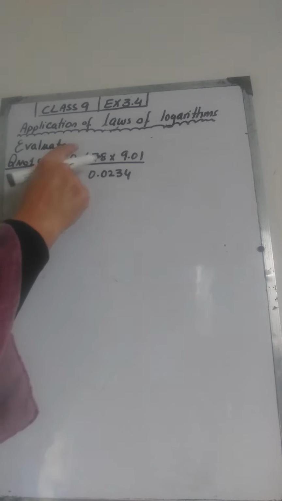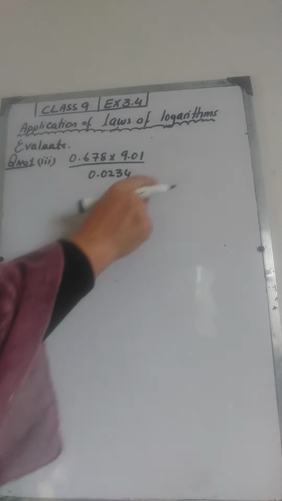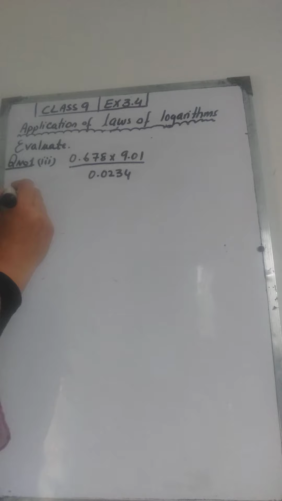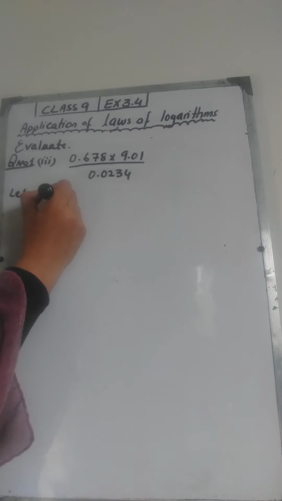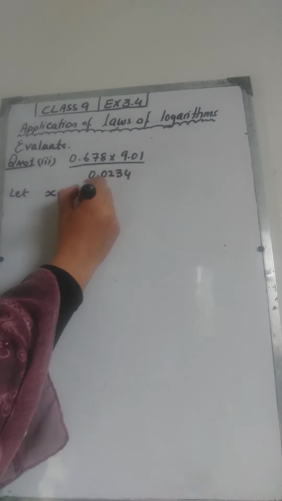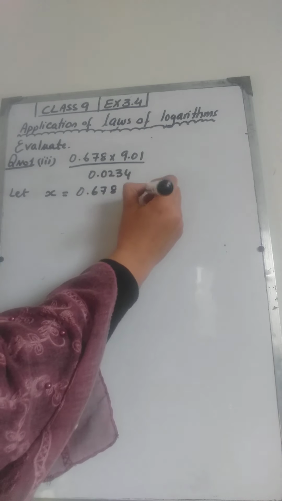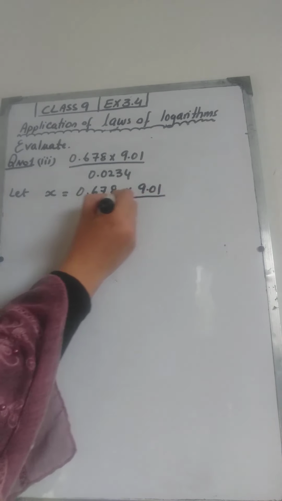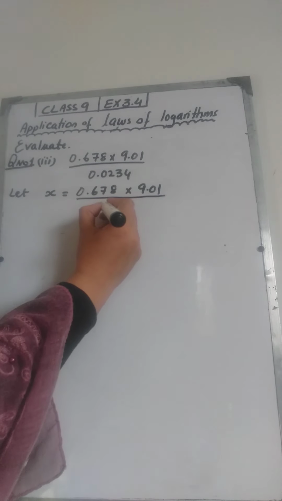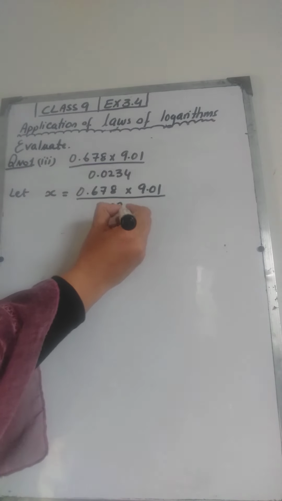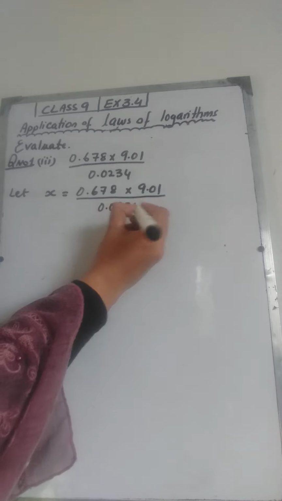Here the first step is that we are going to suppose this expression to be equal to x. Let x be equal to 0.678 into 9.01 over 0.0234.